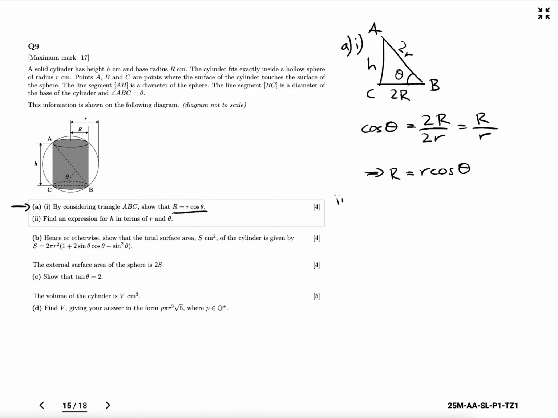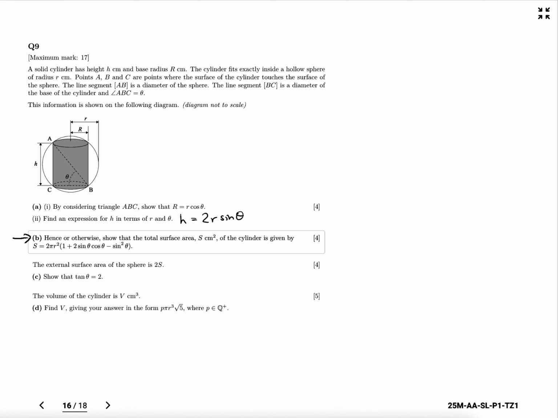Okay, and part 2, find an expression for h in terms of r and theta. So looking at the same triangle, we can do sine, so that we get h. So sine theta is the opposite over the hypotenuse. And that means that h is equal to 2r sine theta.